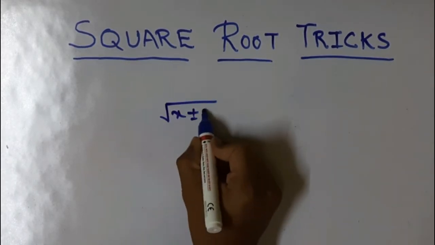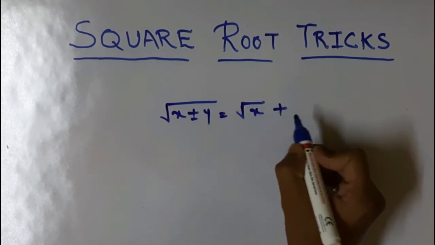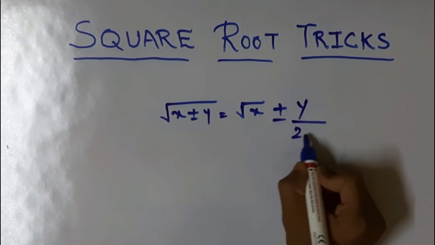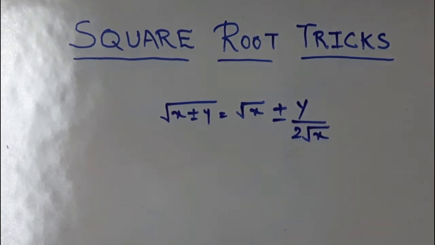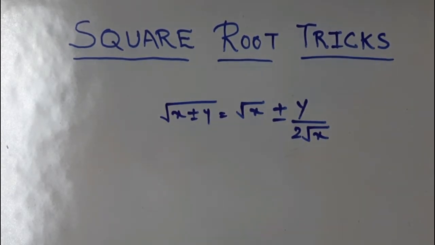Please look at it very carefully. This is the formula. It means we have to break the non-perfect square number in the form of x and y. Let me show you how.